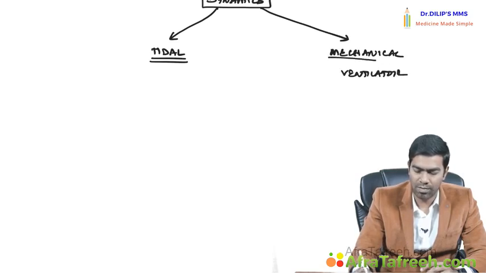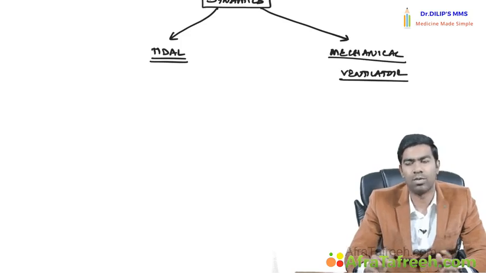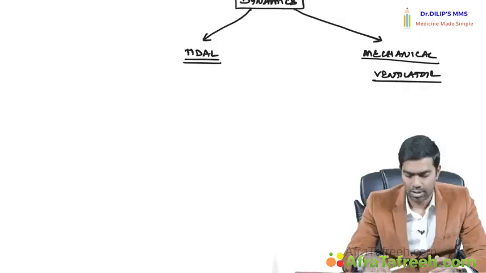So there are a lot of in-betweens, like forced inspiration, forced expiration, as well as when the patient is on non-invasive positive pressure ventilation. But let us not go for the in-betweens right now, and only discuss the classic hardcore scenarios where either you do normal breathing or entirely the machine is doing it, that is, you are intubated and a mechanical ventilator is taking care of you. So see two extremes and you will better understand.